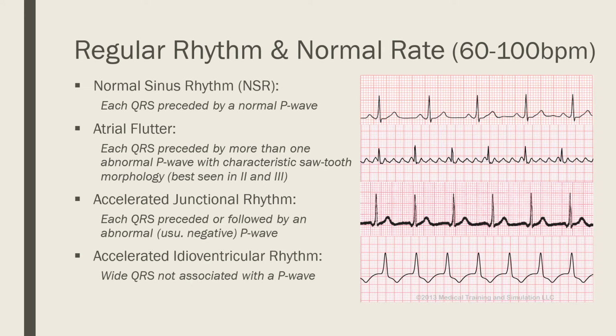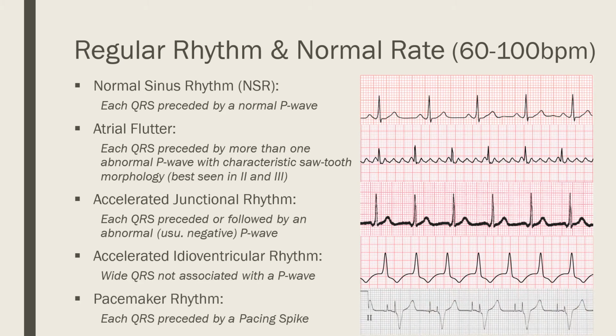Fourth, accelerated idioventricular rhythm, in which there is a wide QRS not associated with a P wave. As shown in this strip, there is no P wave and just wide QRS complexes with normal rate. Fifth, pacemaker rhythm, as shown in the last strip.